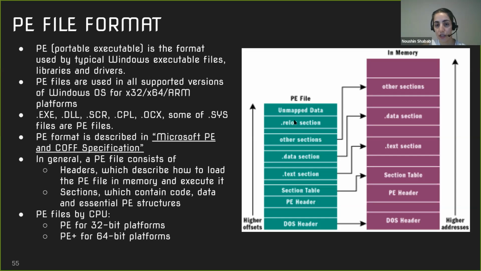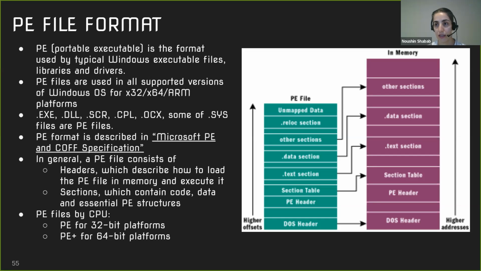Then we have different sections, and these sections, in most cases, have common names, like what you see here: .text, .data, other sections, .reloc. These section names are quite common among files that are compiled with Visual Studio. And we have other common section names for files that are compiled with other compilers, and also packed files.